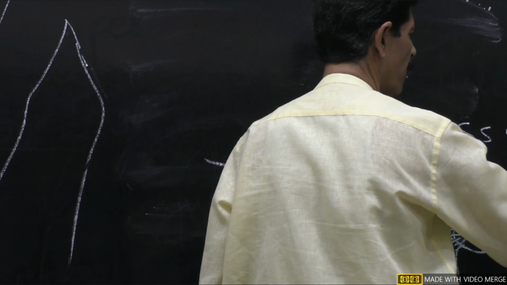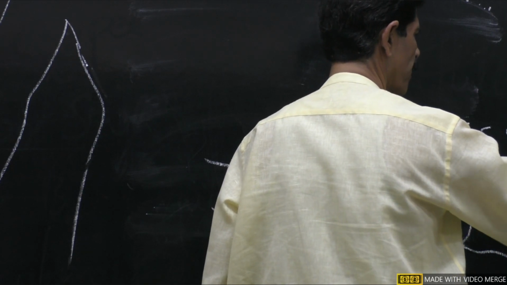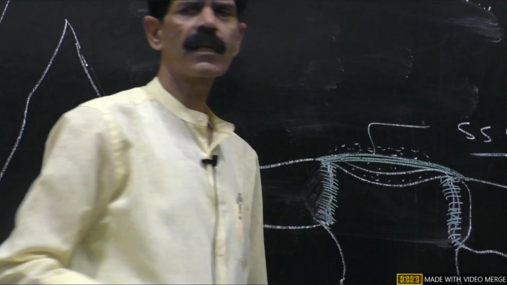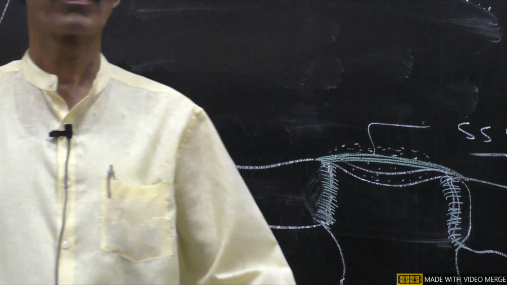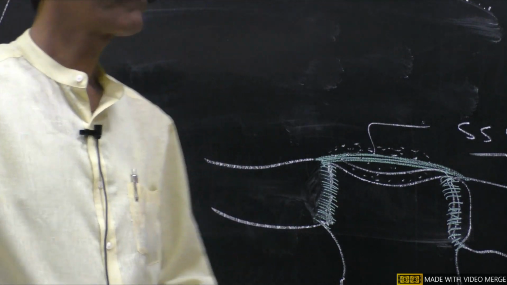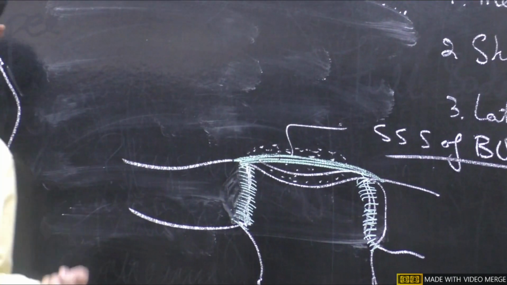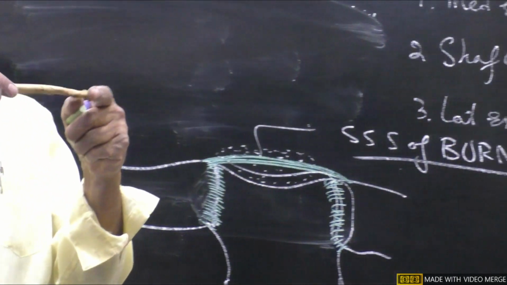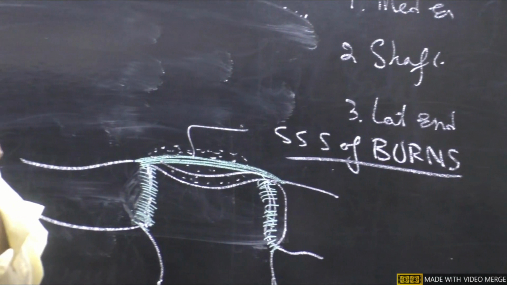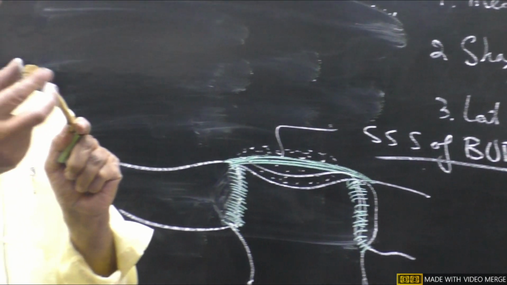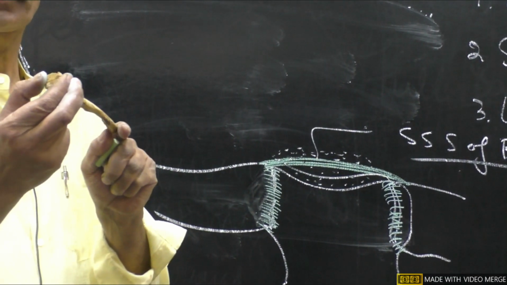Burns is the name of the scientist who discovered it. So the medial end is quadrilateral, quite strong to be seen in outline, and is bigger also.